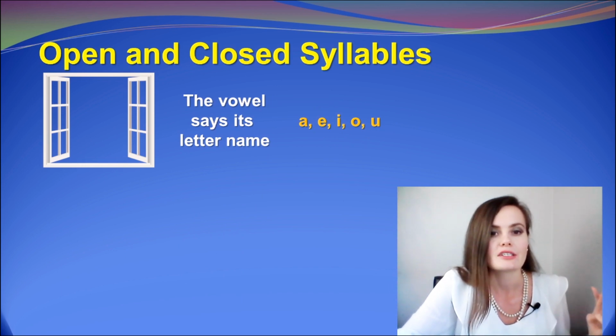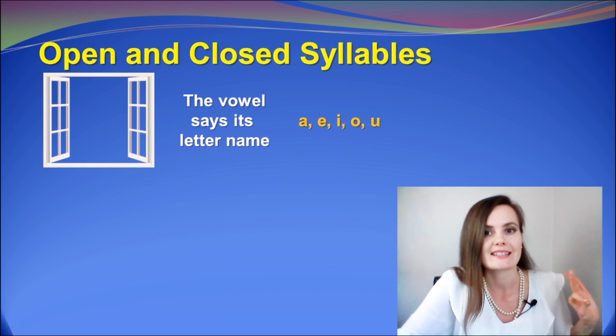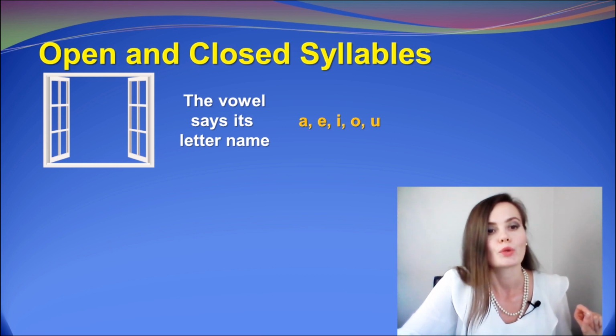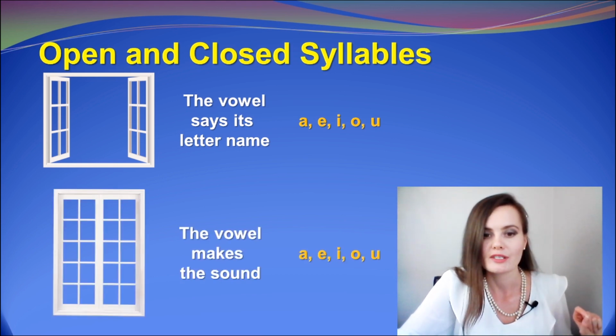Okay, so the vowel makes the sound. Also, we have learned that the vowel says its letter name, and we reviewed the letter names of these 5 vowels: A, E, I, O, U. In the closed syllable, the vowel makes the sound, and we have learned the sound that each vowel makes.